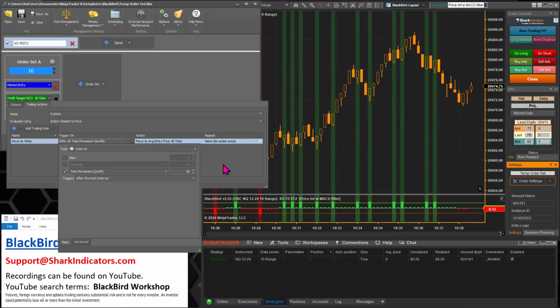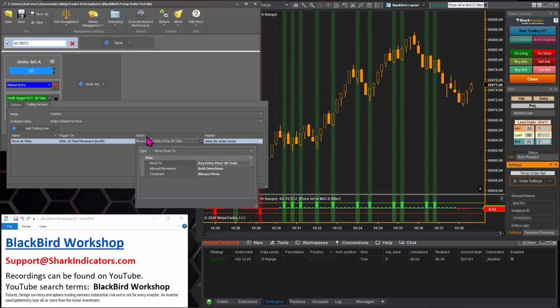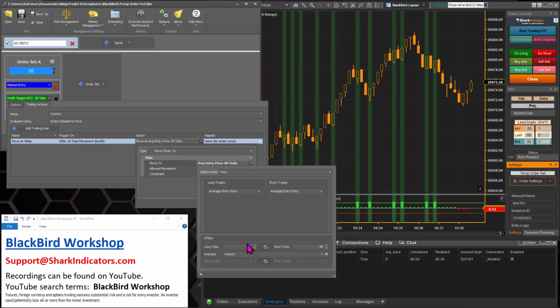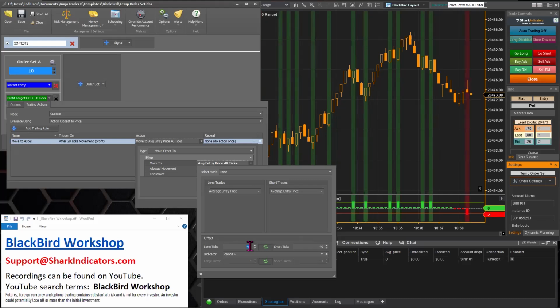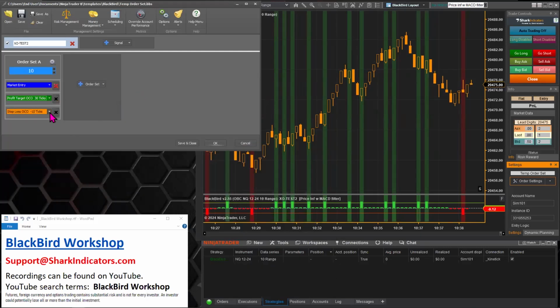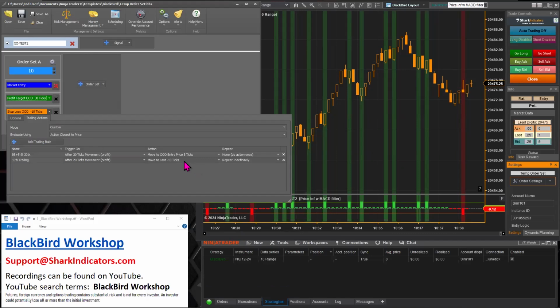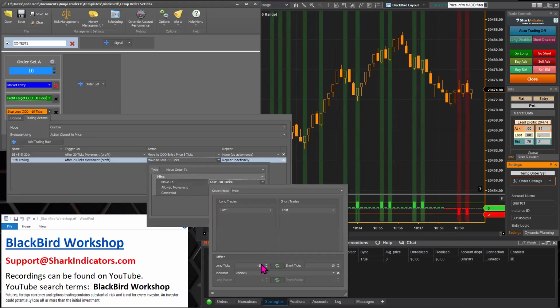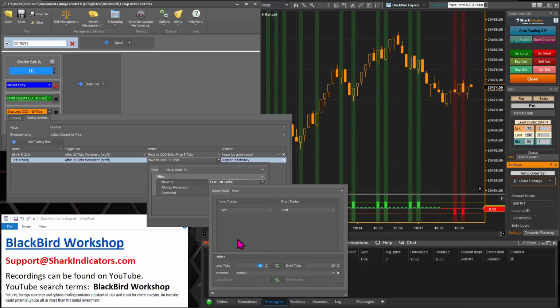Just be mindful in the actions that for a profit target you're using positive value numbers. In other words, you want to add 40 ticks to whatever your base price is, and our base price is the entry price. Whereas with stop losses, stop losses are going to be a negative value.